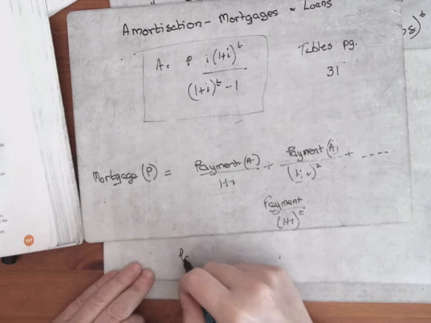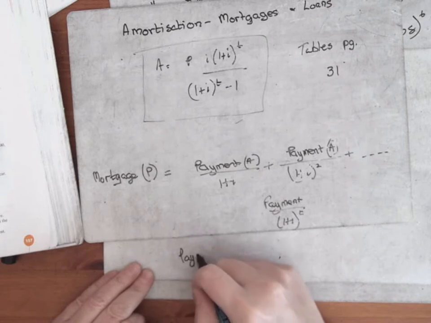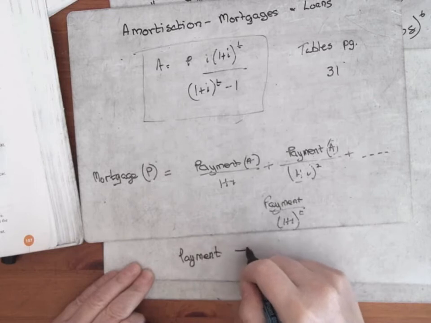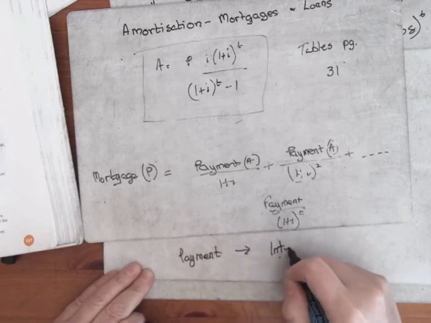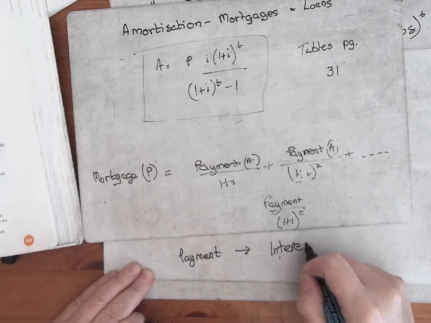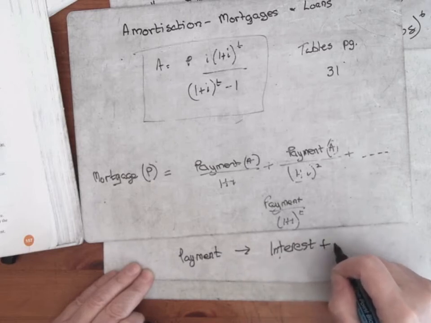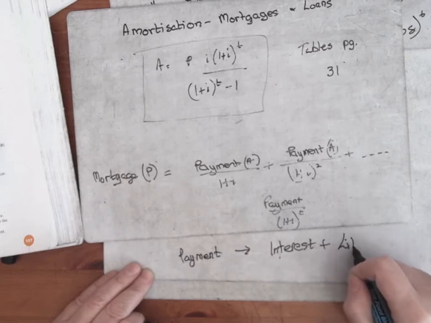Your payment every month when you get a mortgage, and you've all that to look forward to, will be the interest on the loan plus a little bit of the principal.